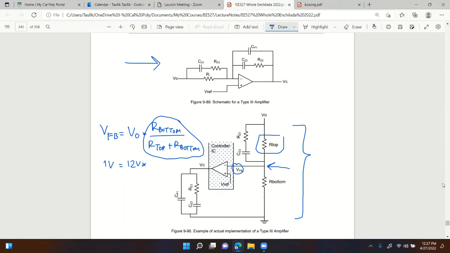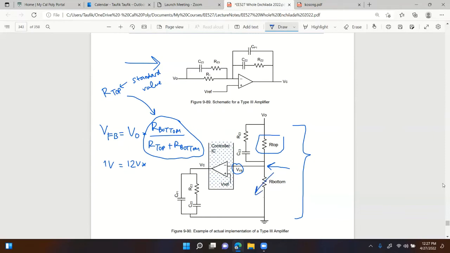So which one of the two should you choose as a standard value resistor? Now you know. If you're choosing R bottom and R top, you want to make sure that R top is the one that should be the standard value. R bottom is the one that would adjust to give you the right ratio.